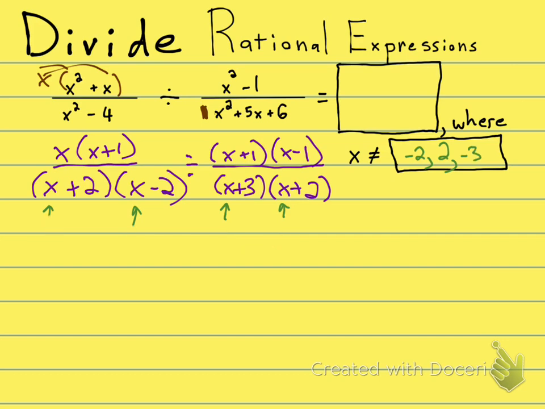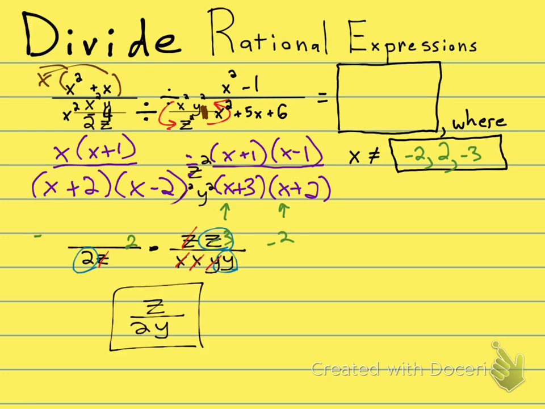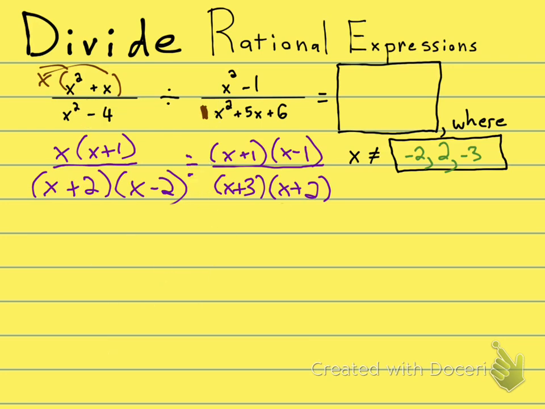All right. Now, let's go ahead and turn this into a multiplication. So I'll just write it down again. X times x plus 1 over x plus 2, x minus 2. That just drops down.